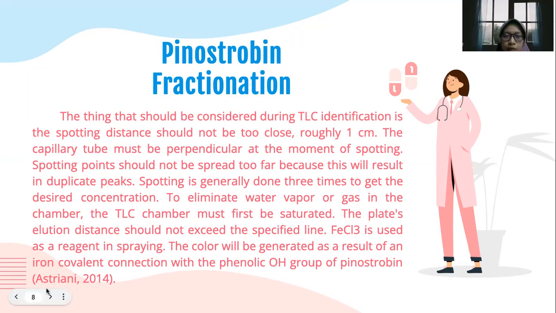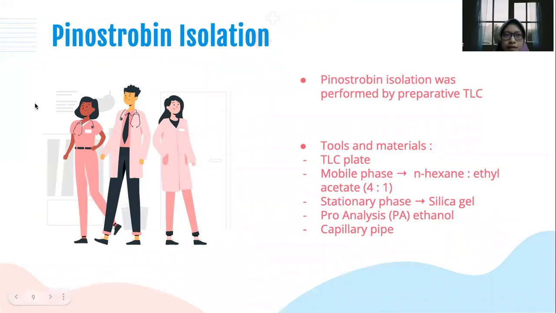To eliminate water vapor or gas in the chamber, the TLC chamber must first be saturated. The plate elution distance should not exceed the specified line. FeCl3 is used as a reagent in spraying. The color is generated as a result of an iron covalent connection with the phenolic OH group of pinostrobin. And then the next will be explained by my friend.